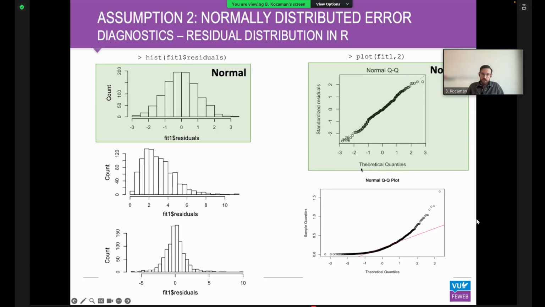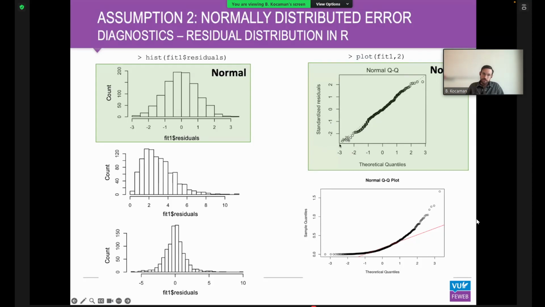So what you do is you use the quantiles of the standard normal distribution, and then you look if the quantiles from what you see in your data fit these theoretical quantiles, meaning that your standardized residuals are actually normally distributed.